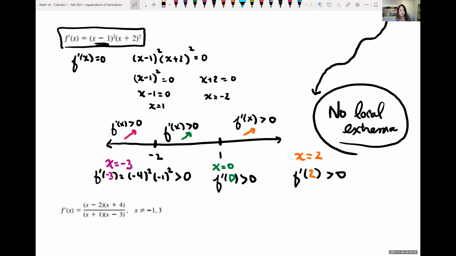We're given that our derivative function is the quantity x minus 2, all times the quantity x plus 4, all divided by the quantity x plus 1, times the quantity x minus 3. We could tell that x can't be -1, right? And x can't be 3, because those are values which set our denominator equal to 0. So they actually told us two of our critical values, -1 and 3.